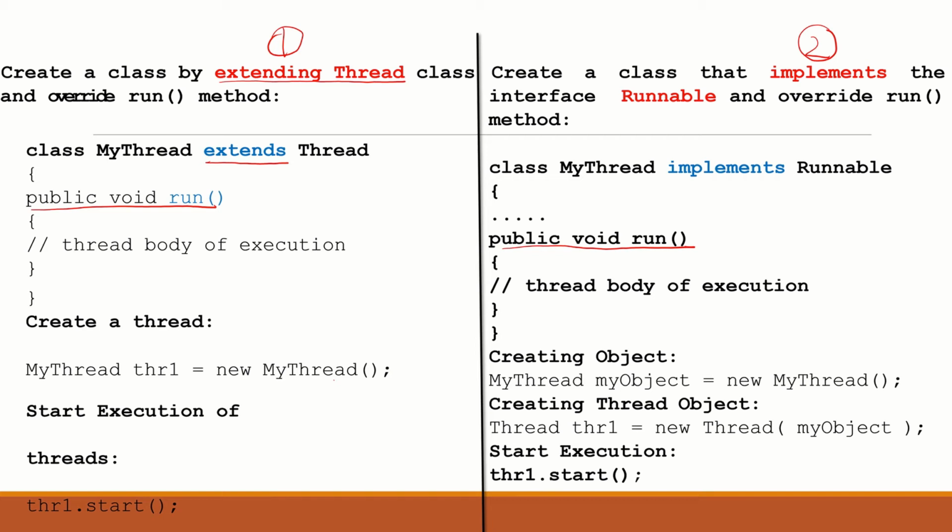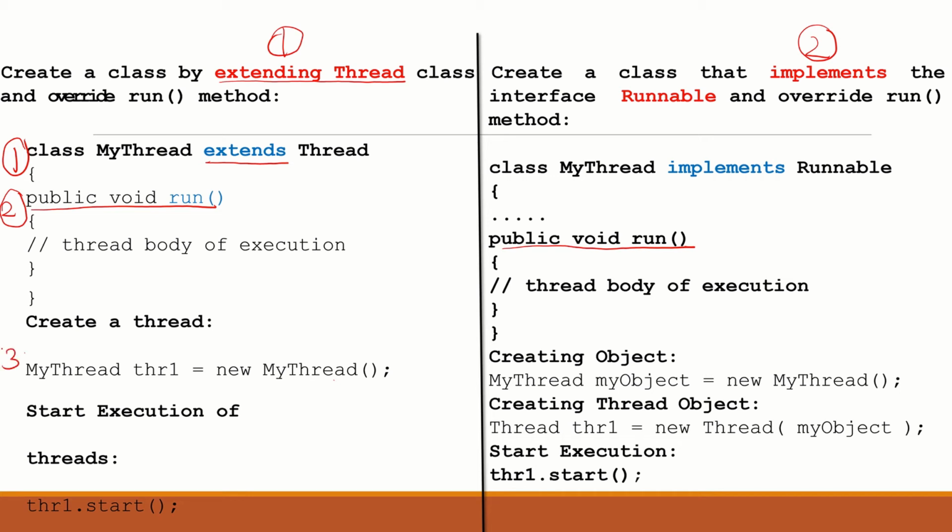After creation, your thread will not go to the running state. You have to give thread1.start. It will start the execution of your thread. When you want to create a thread by extending the Thread class, you have to remember 4 steps. Step 1, extend the Thread class. Step 2, implement the run method.